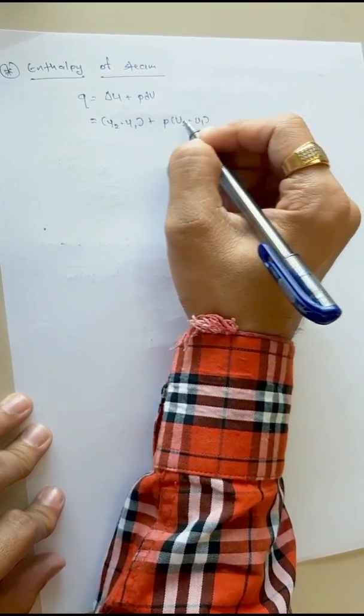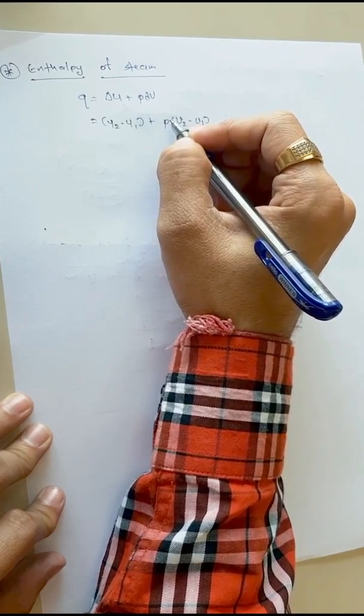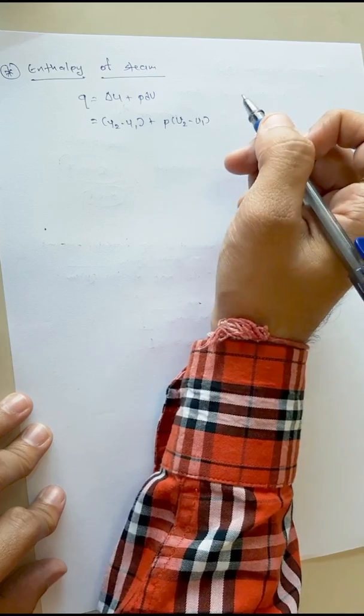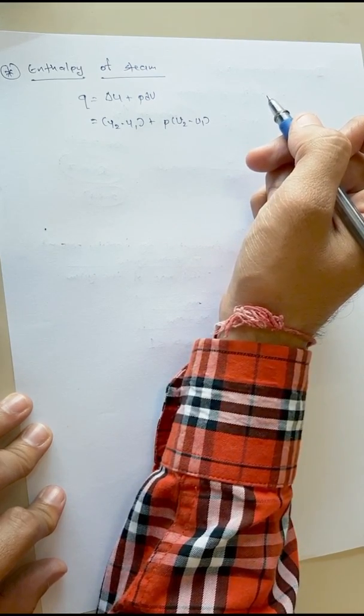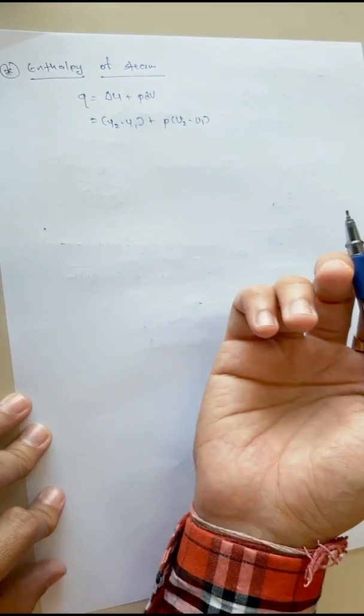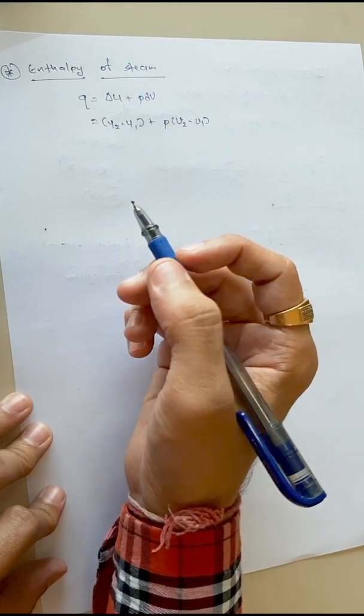As I said, all the processes that we have seen in steam formation are at constant pressure, because we were not changing the load W as well as the area. So pressure was constant.